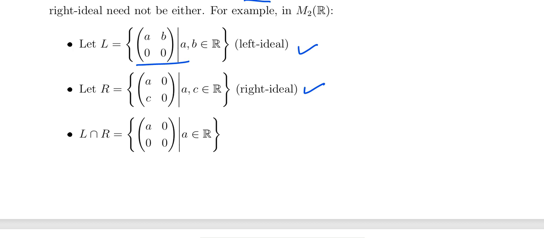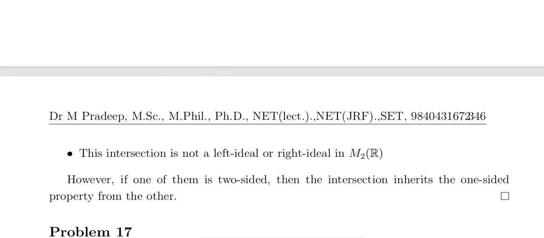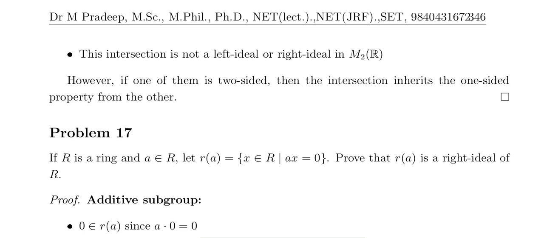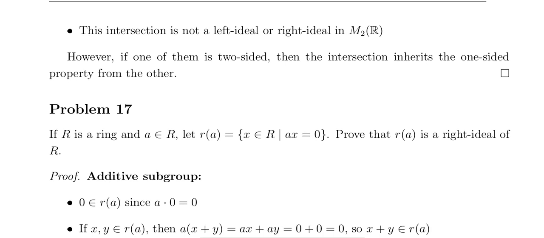The intersection should be of the form a, 0, 0, 0. So the intersection is not a left ideal or right ideal in M2(R). If one of them is two-sided, then the intersection has the one-sided property from the other. That is a very important point.